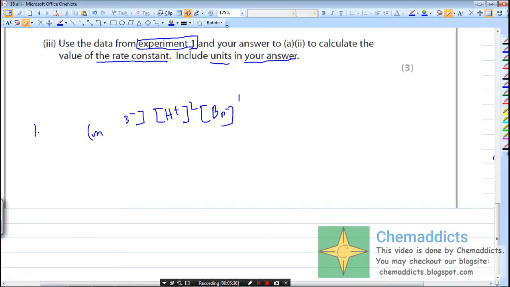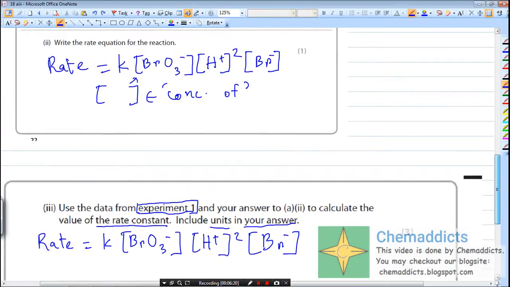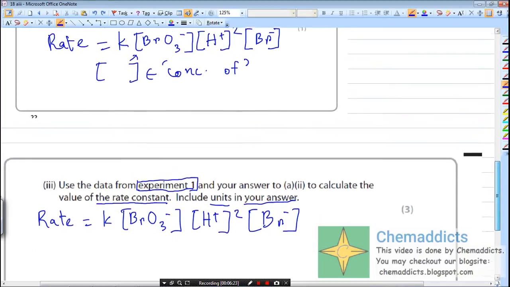Let me write the rate equation once again: rate is equal to k, BrO3 minus, H plus squared, Br minus. Yes, this is the rate equation for this reaction.